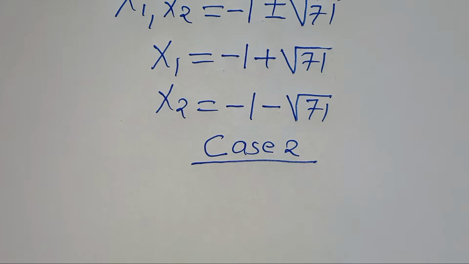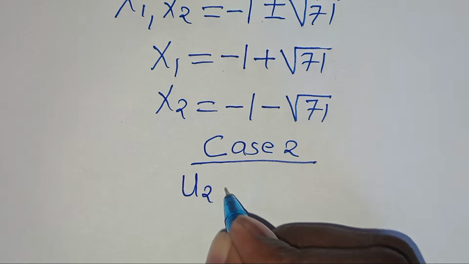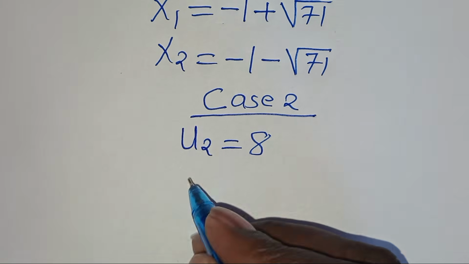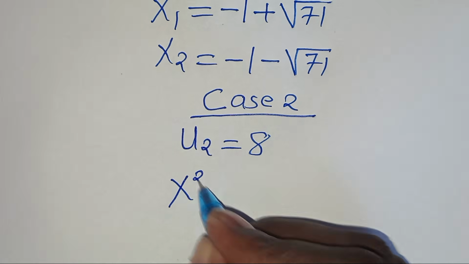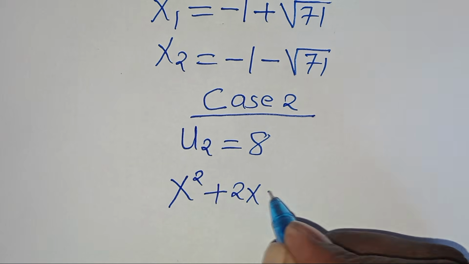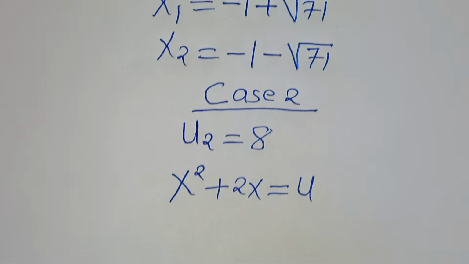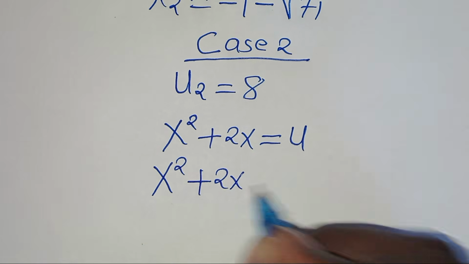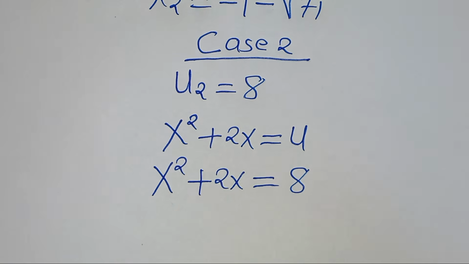In case 2, we have u2 is equal to 8. And if you recall, we have x to the power of 2 plus 2x equal to u. So this is to mean that x to the power of 2 plus 2x is equal to 8.